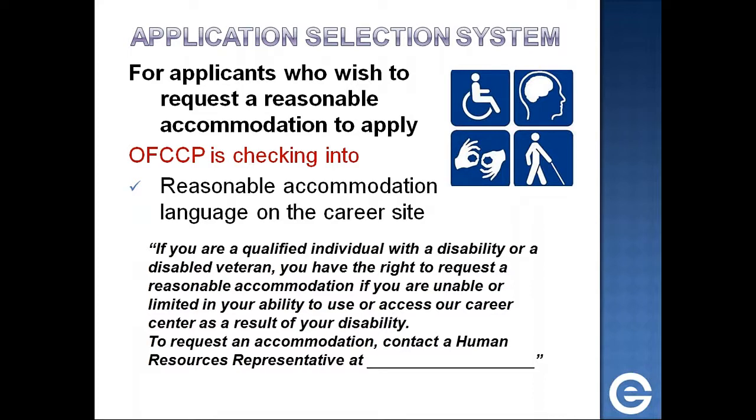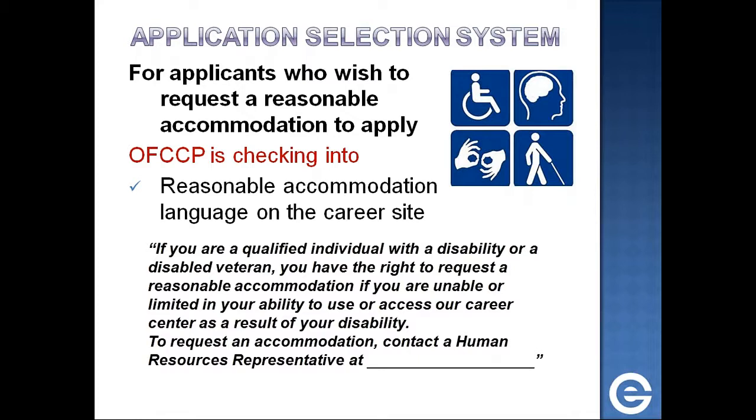For applicants who want to request a reasonable accommodation to apply, OFCCP is checking to see if you have this language on your career site. So this is language that you can put on there. You put a little symbol here, and it's just a good thing to do. It calls their attention. Basically, this should be on the front of your career site because it's to notify people that if they're having trouble applying as a result of their disability or they're a disabled veteran, they can call someone.